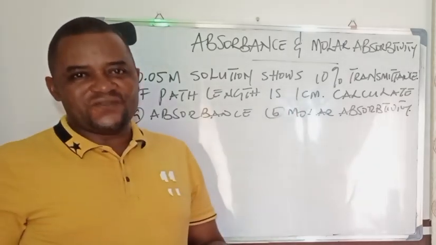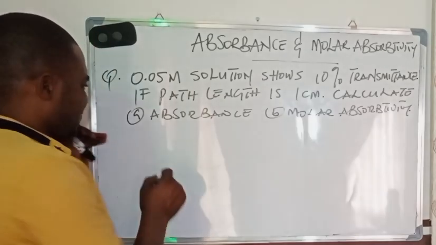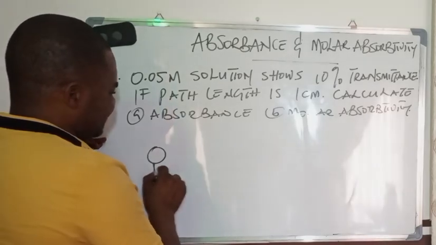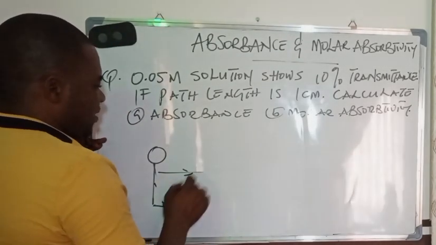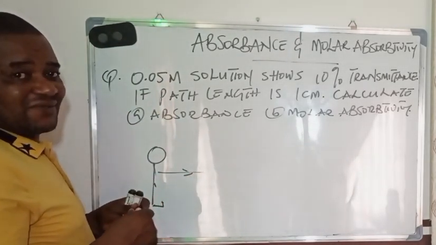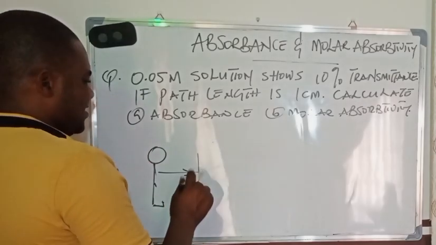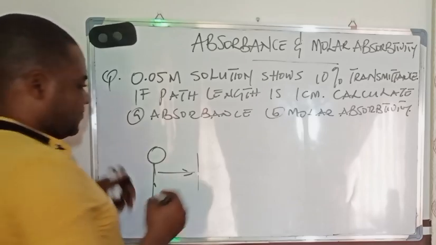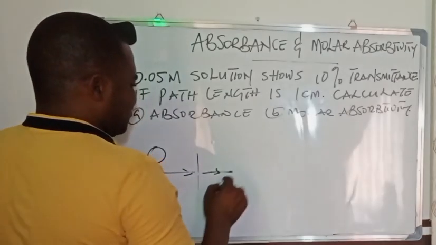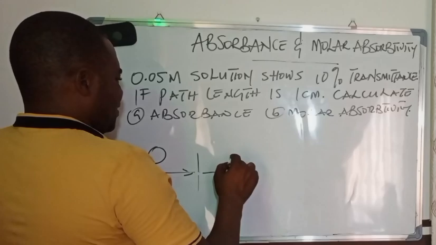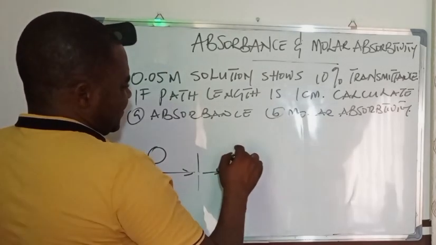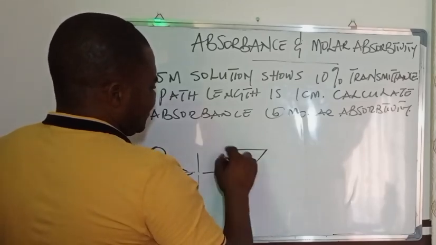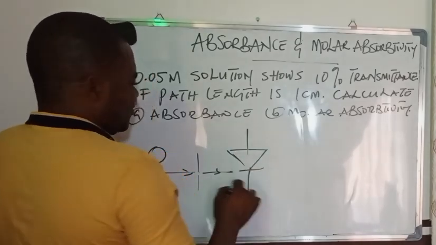Maybe I should remind us a little bit of what I mean here. There is a light source that comes in, and where is the light source going to hit? It's going to hit an entrance slit, and from the entrance slit the light is going to hit your transducer.